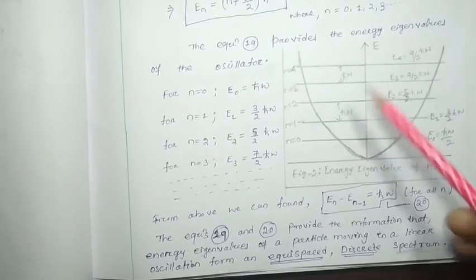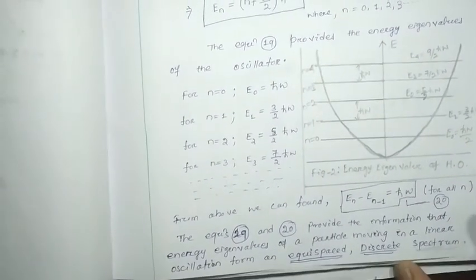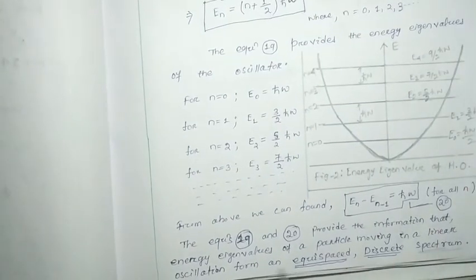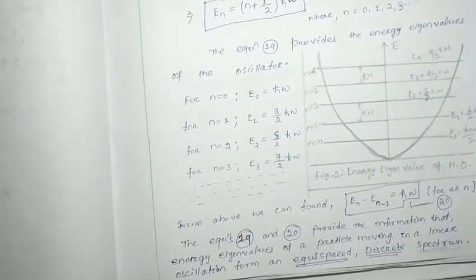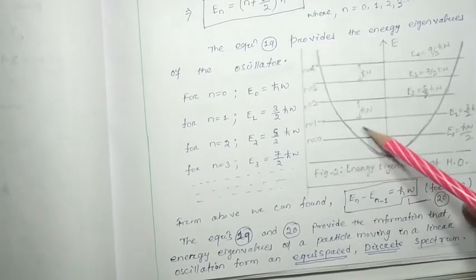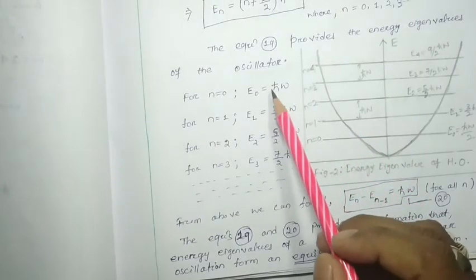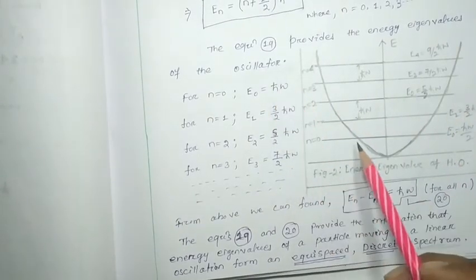So at last we found that the energy eigenvalues of a particle moving in a linear oscillation form an equispaced discrete energy level or spectrum. The energy levels are discrete. Not all energy values are accepted.